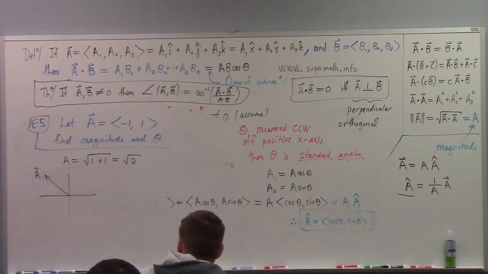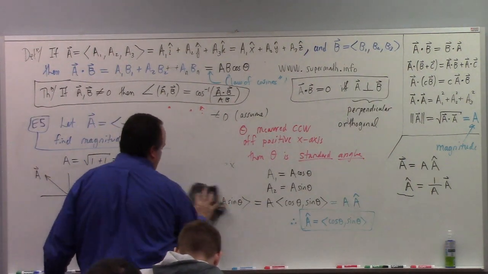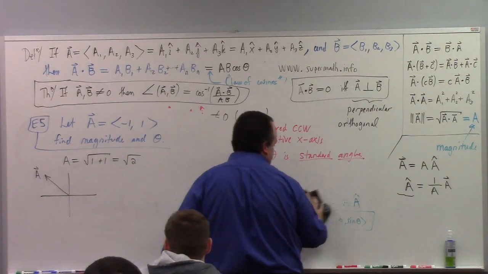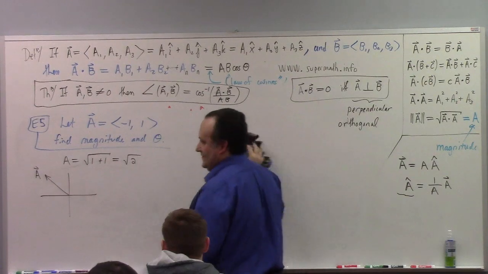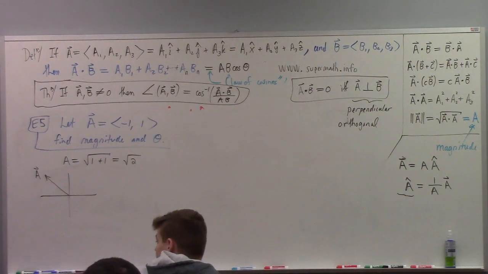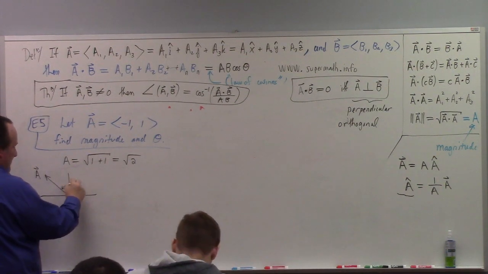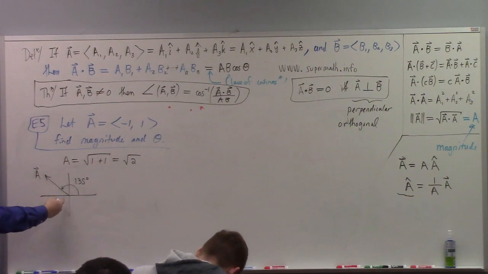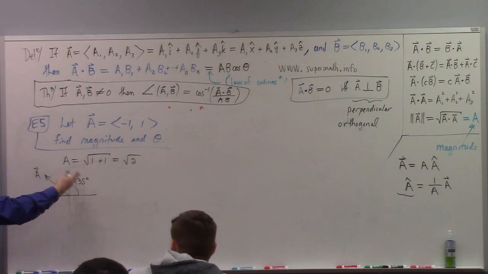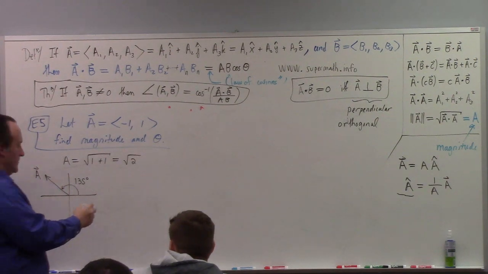Do I need to get my calculator, or can you just tell me? I heard 135. Does everybody agree with that? Yes. Gentleman in the front speaks for everyone. Very good, he's your leader now. But yes, it's 135. That is true, because this is 45 degrees, since you've got 1 and 1 here. So that's 45 plus the 90. 135 is, in fact, the standard angle.